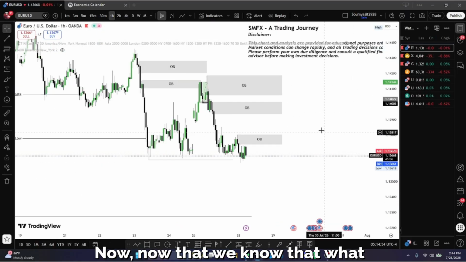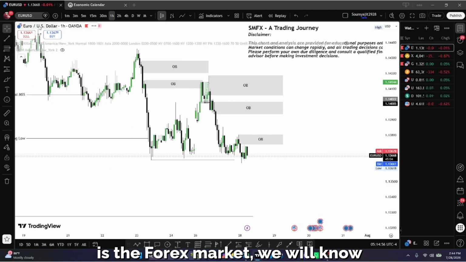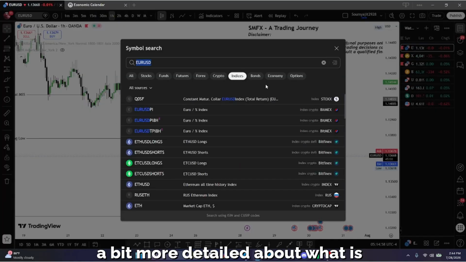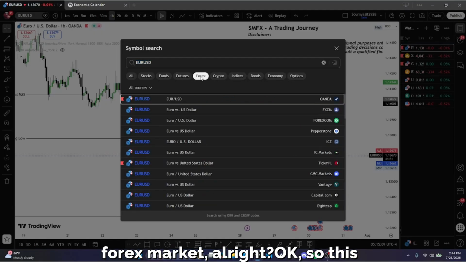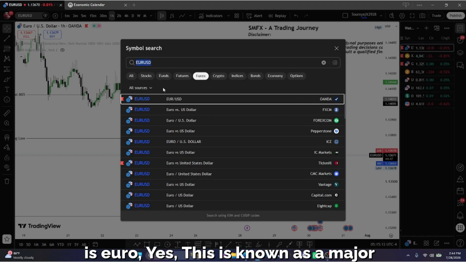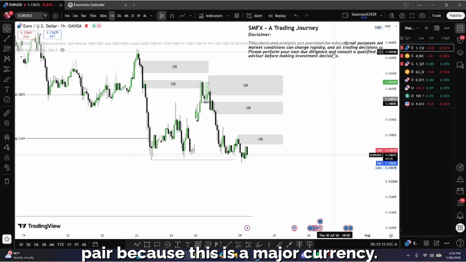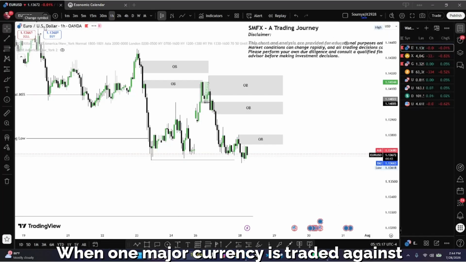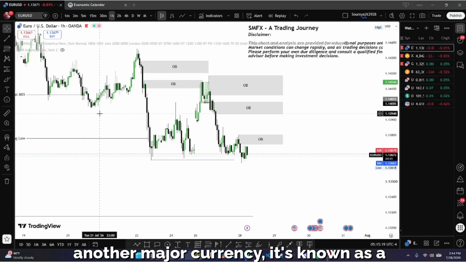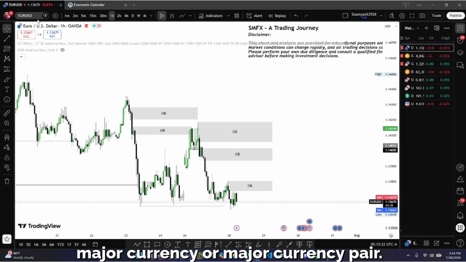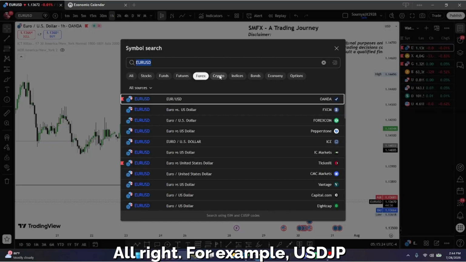Now that we know what the forex market is, we'll go into more detail about pairs and their types. Right now, if you see here, let me select the forex market. So this is Euro USD. This is known as a major pair because it involves major currencies. When one major currency is traded against another major currency, it's known as a major currency pair.